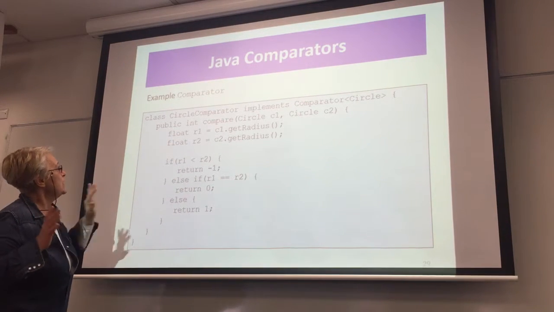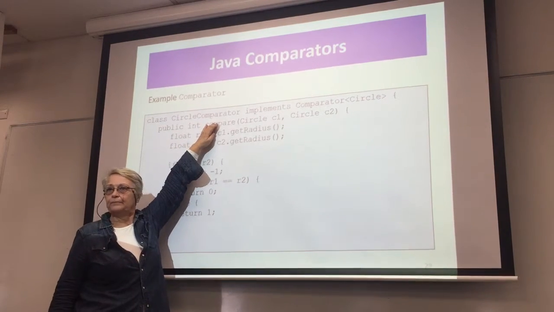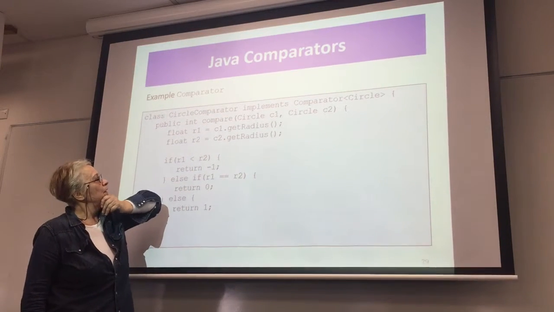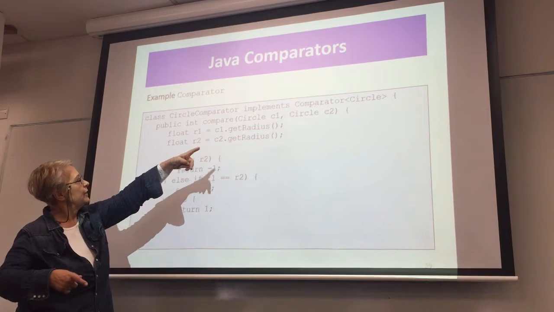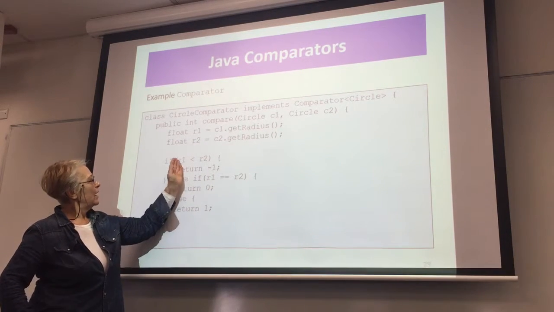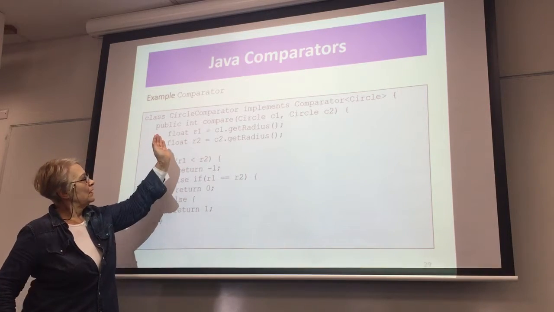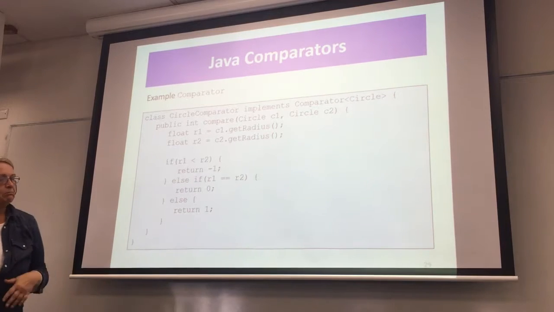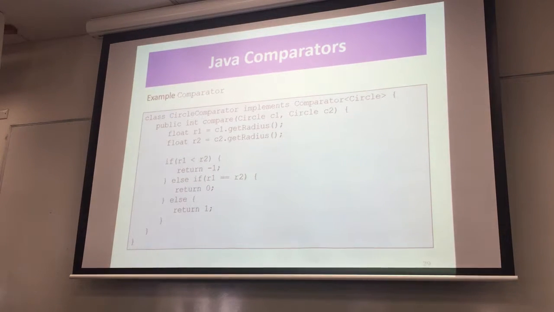And all we do here, we implement a method called compare, which is taking two circles, as you can see, and then look at their radiuses. And if this has radius smaller than the other, returns -1. If they are equal, returns 0, otherwise returns 1. So we, at this moment, can compare two circle objects.